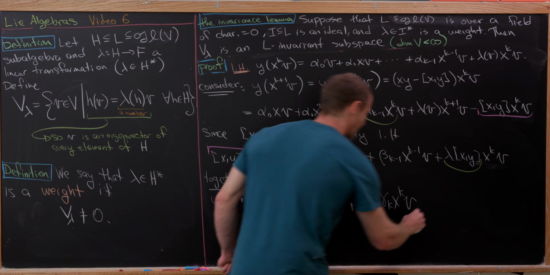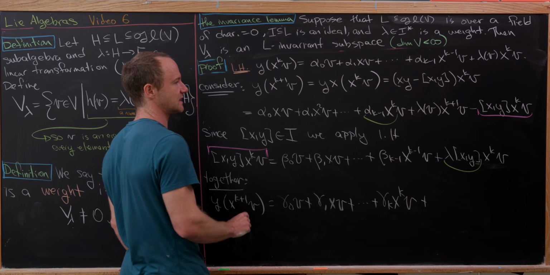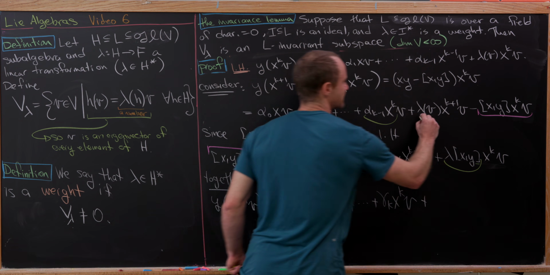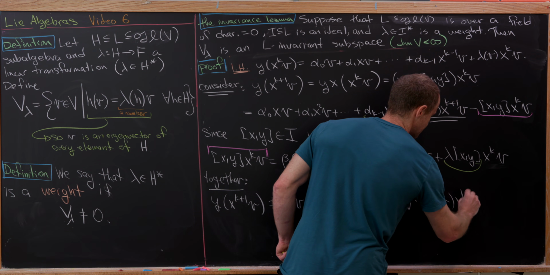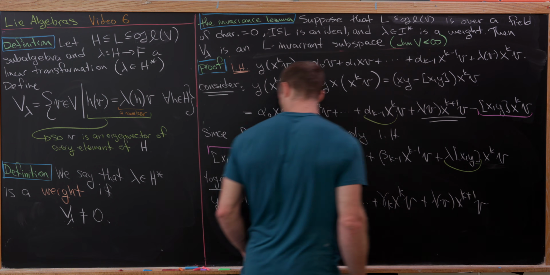And then after that, we'll have this last bit, which comes from this right here. So that'll be lambda of v times x to the k plus 1 v.